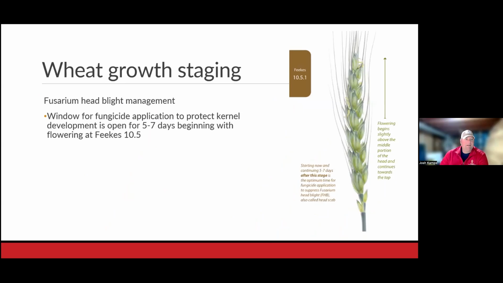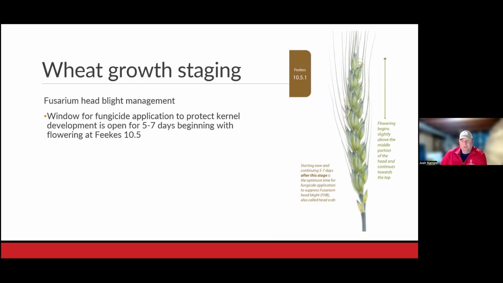Did it again. Okay. And then one of the more important growth stages in wheat is this fusarium head blight stage, or this Feeks 10.5. That's really the stage when the flowers start to come out of that head. And this is common for other small grains as well.